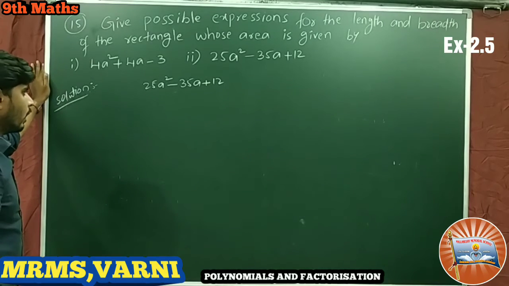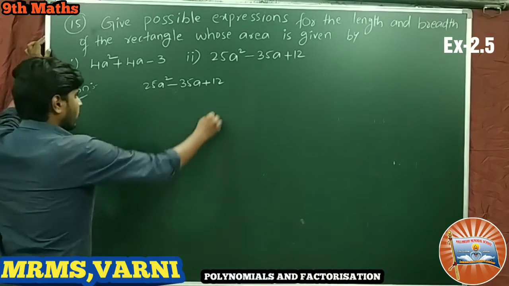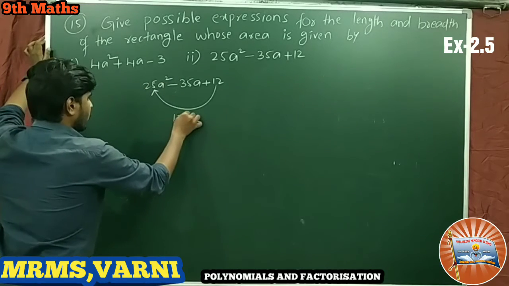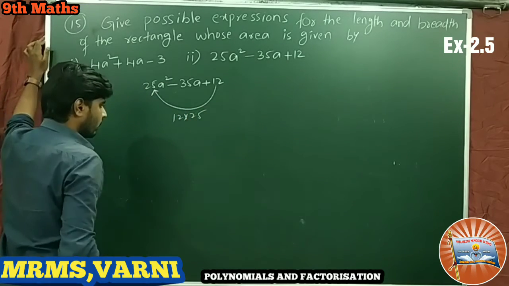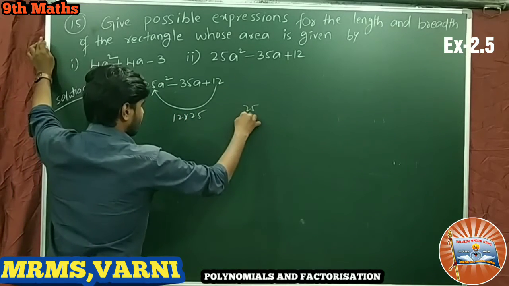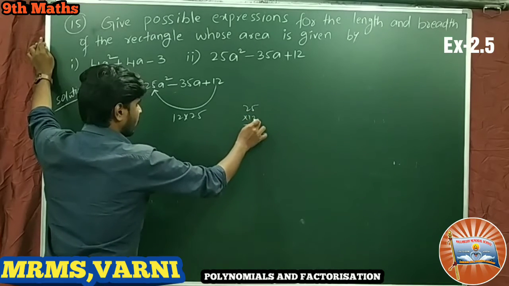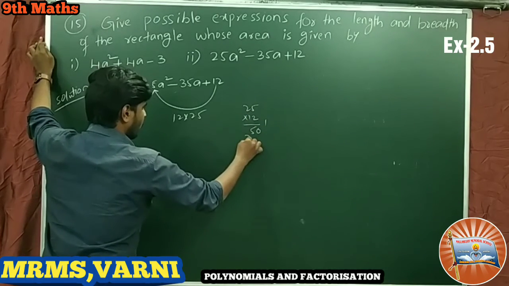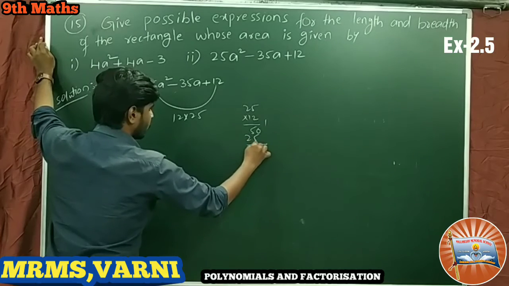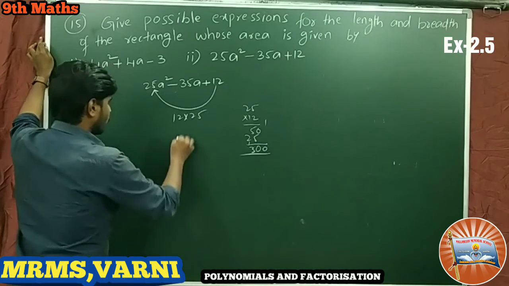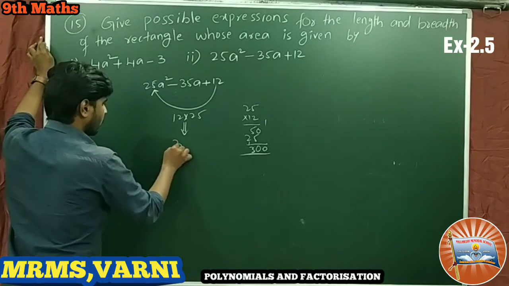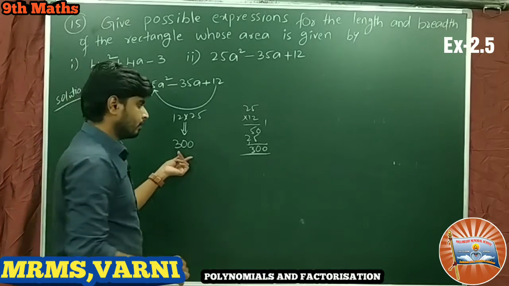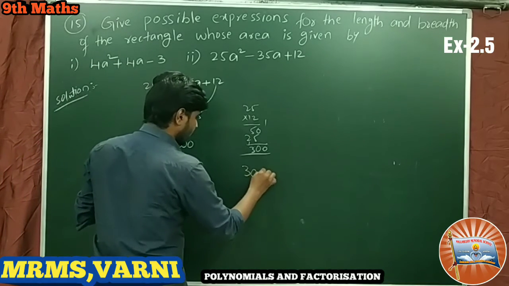We have to factorize this. First of all, we need to multiply the constant term with the coefficient of a square. 12 into 25, that is 300. So we got here 300. Now we have to factorize this 300.